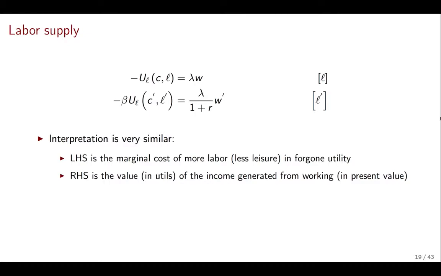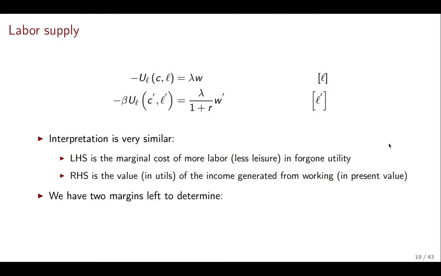That's why in the first equation we multiply lambda times W to get the present value in utility of the additional income generated today. And then in the second equation we multiply by lambda and divide over 1 plus R to take future income into present value and then that present value of income into utility with lambda.